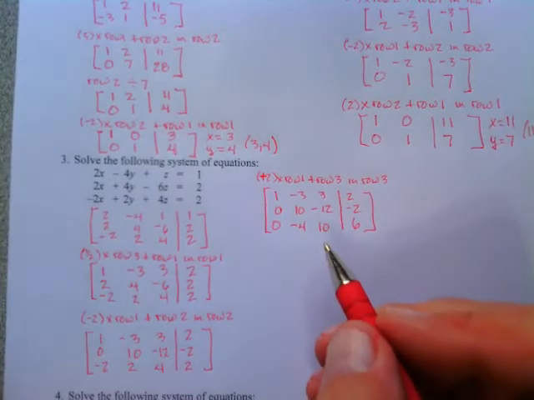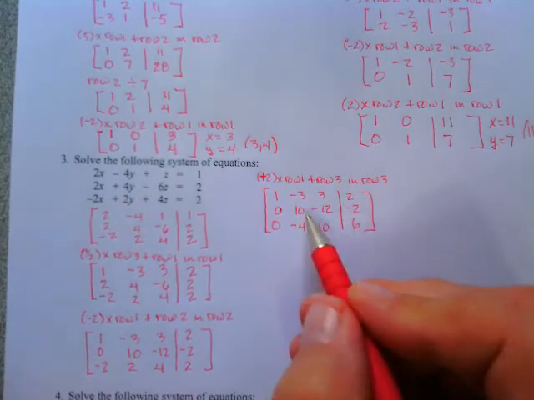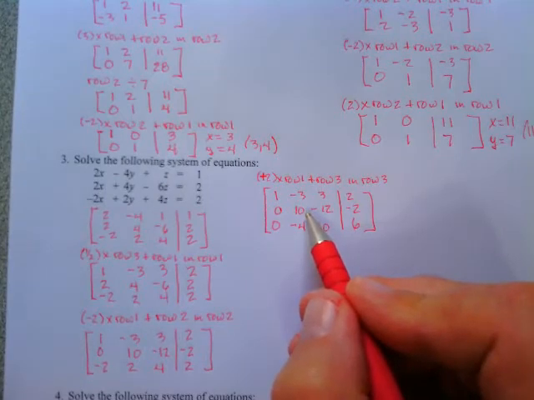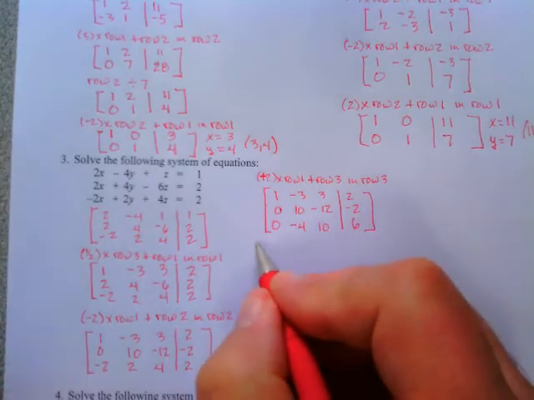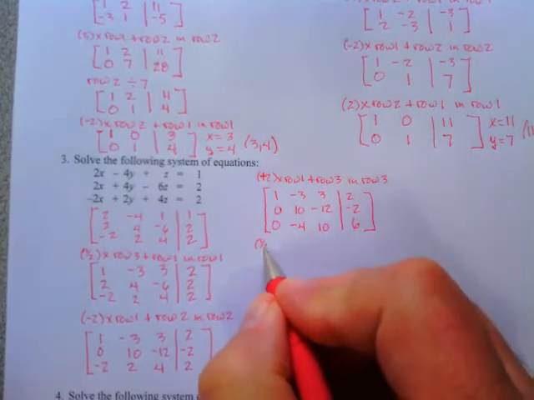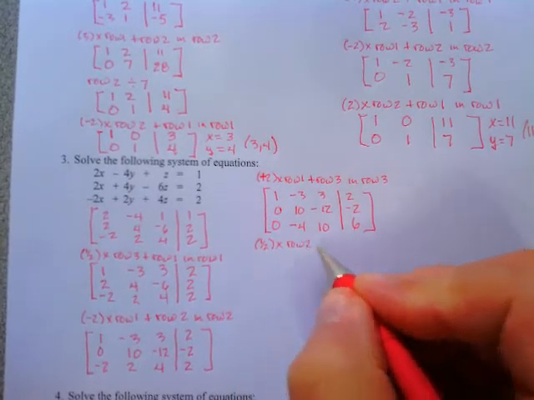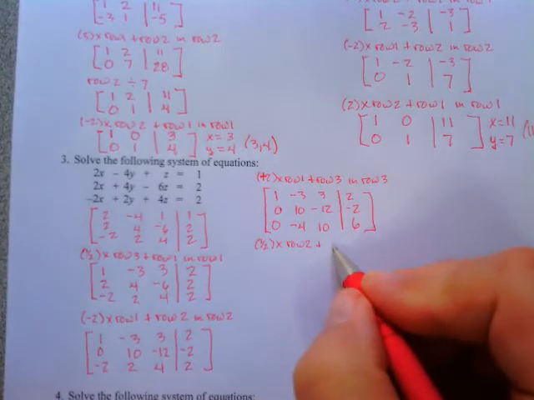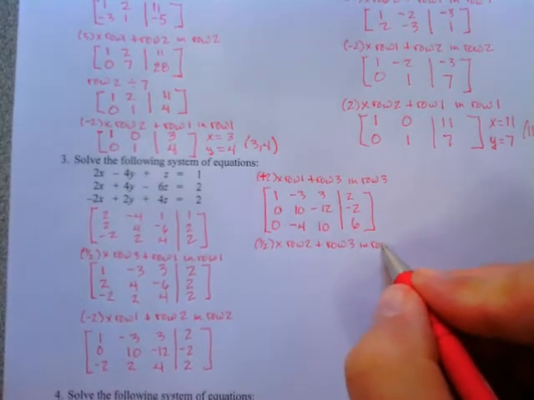All right. The next thing I want to do is I want to end up with a 1 right there. And so one way I can get there is I'm going to take half times row 2, add it to row 3, and put that in row 2.